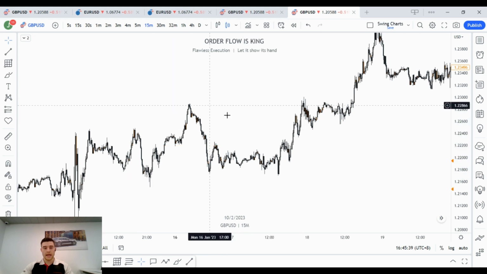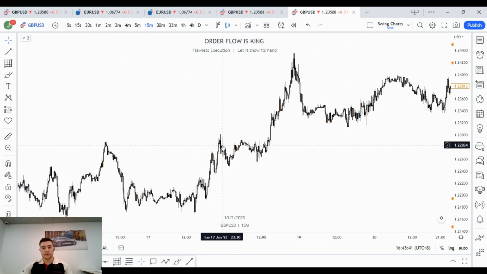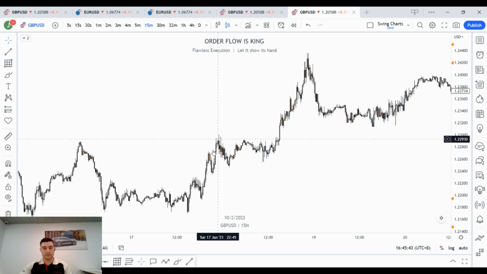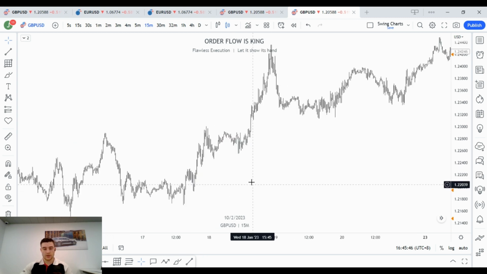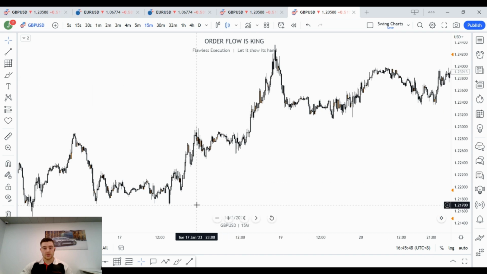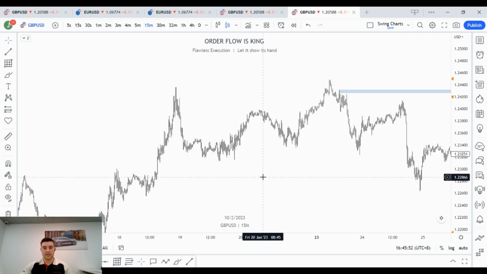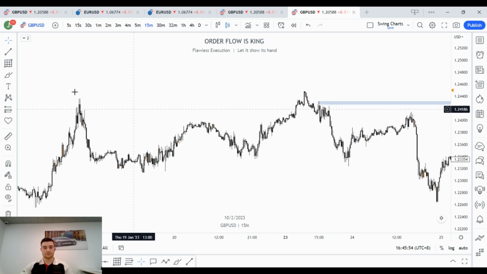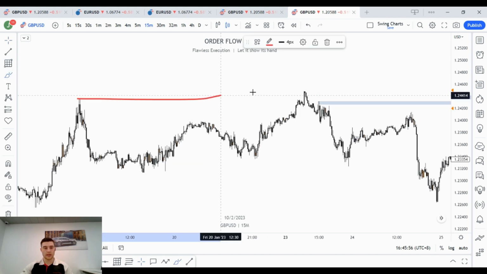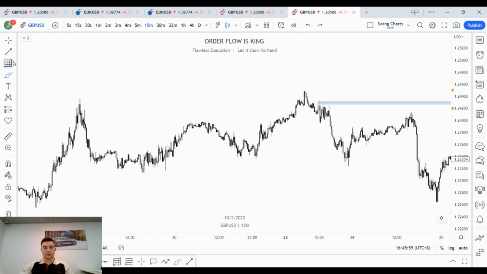And then price goes on to give us another break of structure here. Of course, price doesn't pull back then, but it doesn't matter because you're in this long, which runs 263 pips. So ultimately, it doesn't really matter. Then we just follow price along again, and we give another break of structure here.